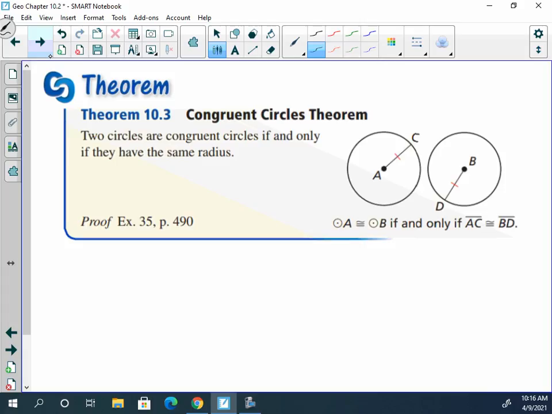Congruent circles theorem. There's 2 parts of this. 1, 2 circles are congruent if and only if they have the same radius. Or if they have the same diameter. But if they have the same diameter, it means they have the same radius.